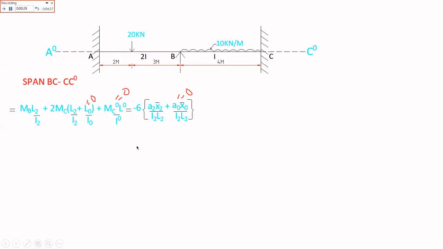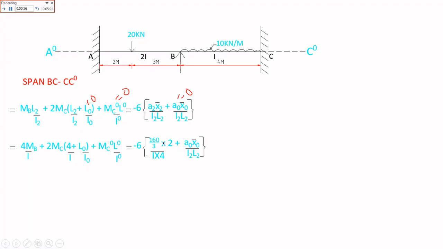If you simplify this equation further, you will get 4MB over I plus 2MC into bracket 4 over I plus L naught over I naught, plus MC L naught over I naught, is equal to negative 6.